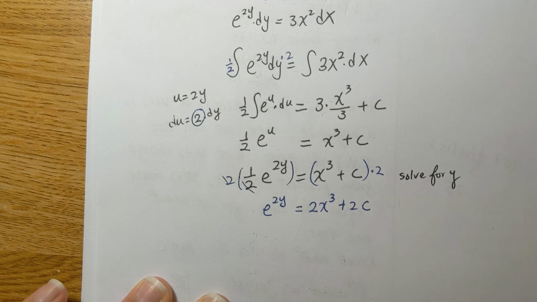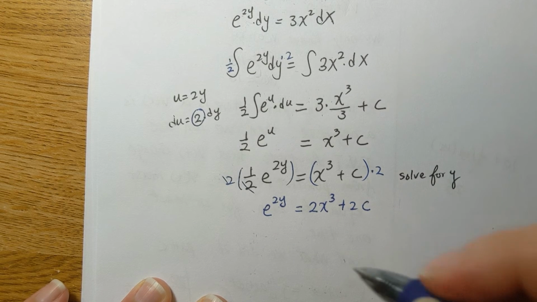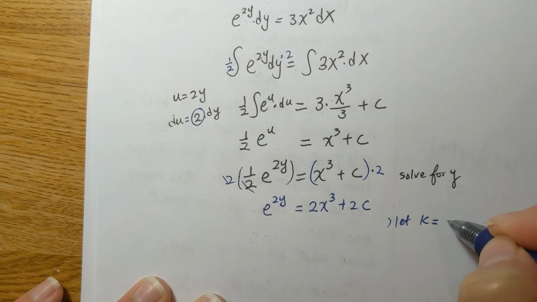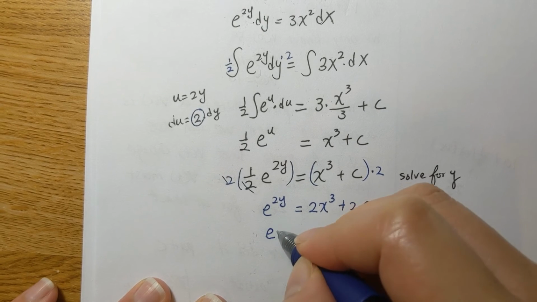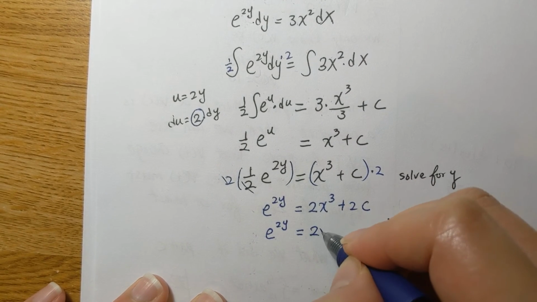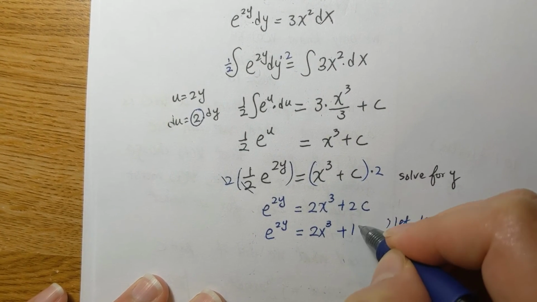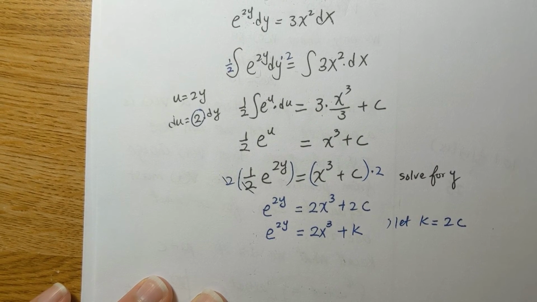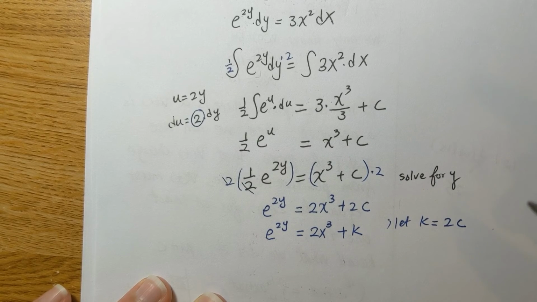Okay, so we're almost there. So I'm going to let k equal to c. I get e to the 2y equals 2x cubed plus k. So I need to eliminate the e over here. So what should I do?